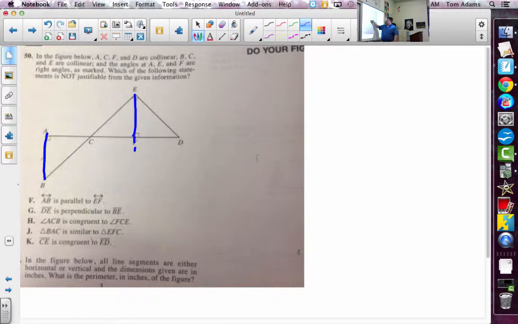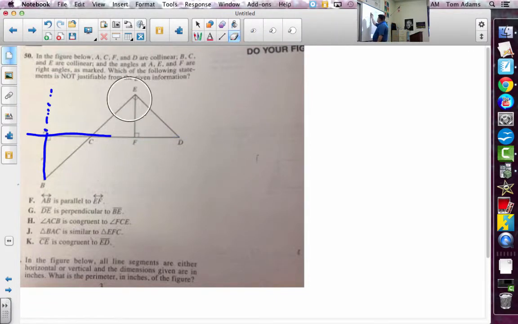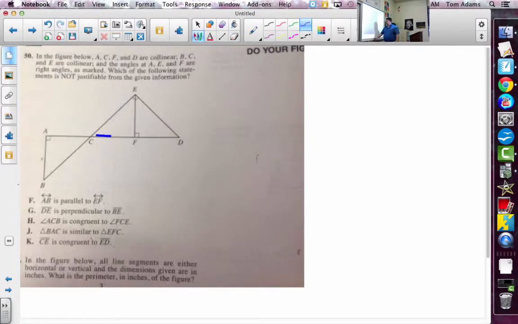I could just extend these, and you could think of this third line as a transversal, and you would apply all those properties that we talked about yesterday with the transversals, right? So yes, that one's justifiable, so we can mark that off the list.